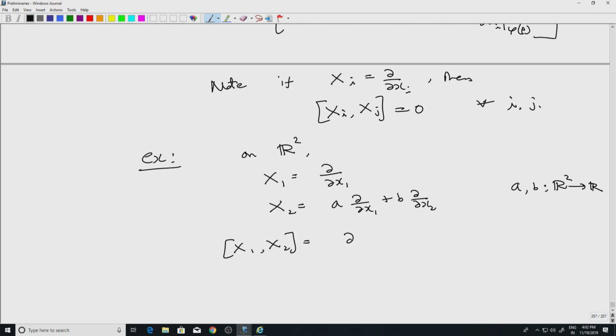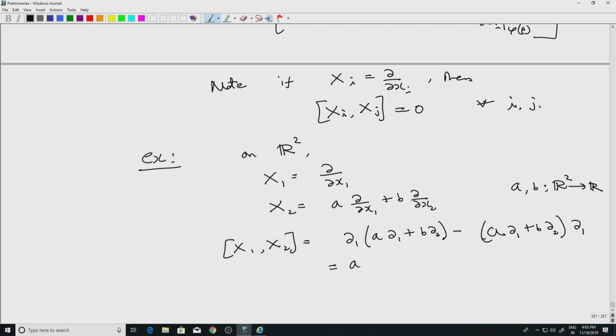Using the earlier notation, it would be del 1 of a del 1 plus b del 2, minus a del 1 plus b del 2 of del 1.